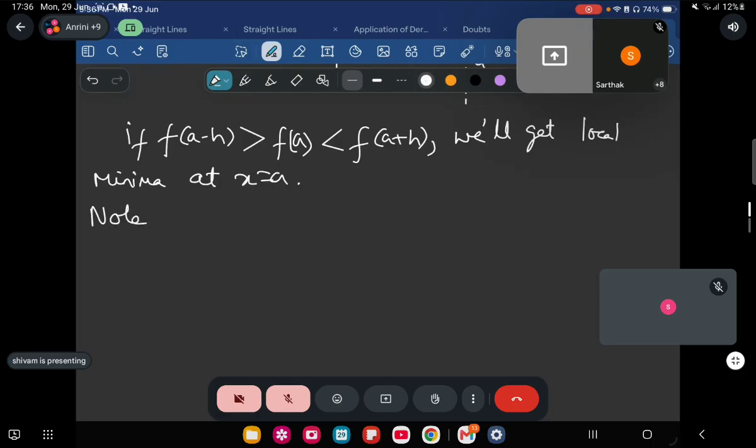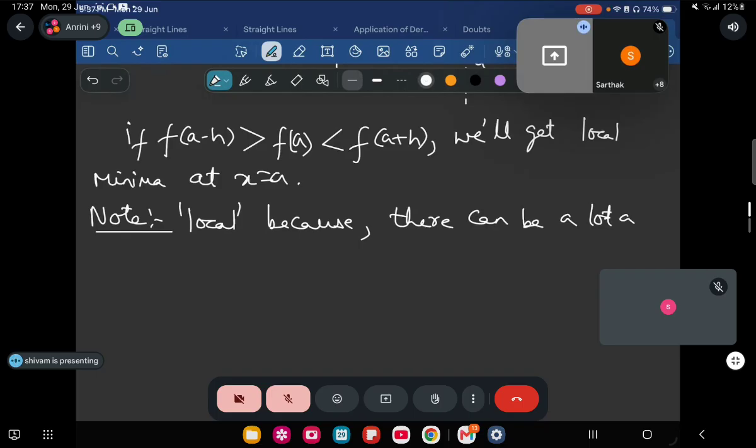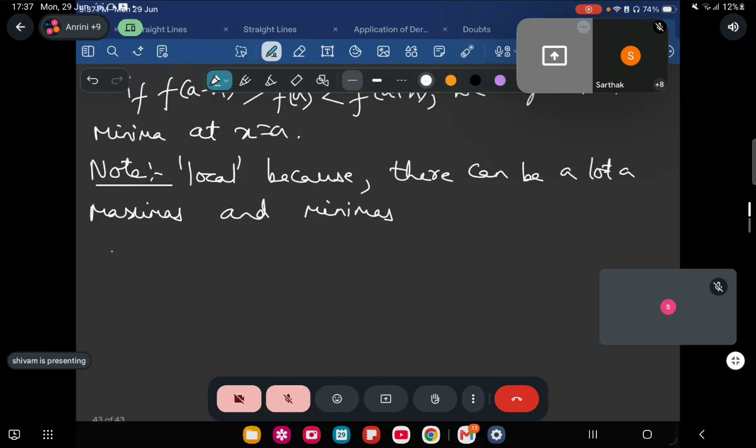Note: why do we say local? Local, because there can be a lot of maximas and minimas. For example, our classic example, everyone, y equal to sine x.